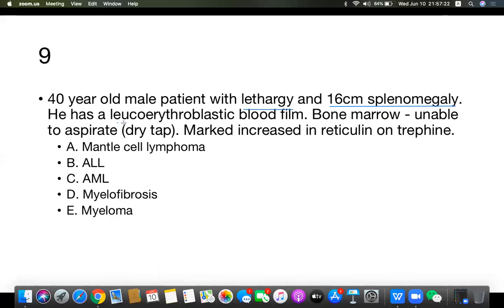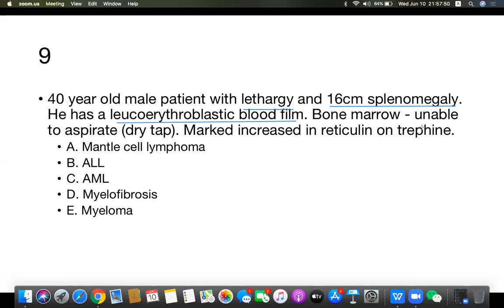He has a leucoerythroblastic blood film. Remember this term. Leucoerythroblastosis is a typical feature of myelofibrosis. Now what happens here? Because the bone marrow is fibrotic, it doesn't function well. So these blood cells are formed by the spleen or liver. This is extramedullary hematopoiesis, and this is the typical picture.